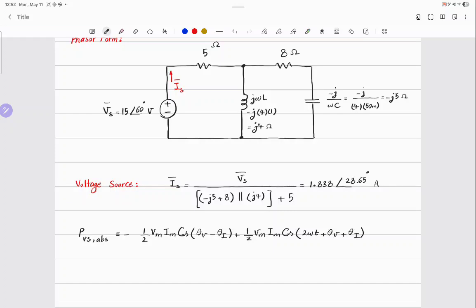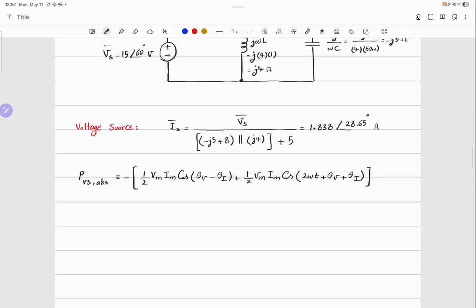Because the way I've defined IS, it's supplied power, but I'm looking for absorbed power. So this is your absorbed power. Now the only thing that remains is plugging in values. Very easy, but important. I'm going to go around. I can force you to answer, but try not to pass. Think about it and answer, and please, no one else answer the question.